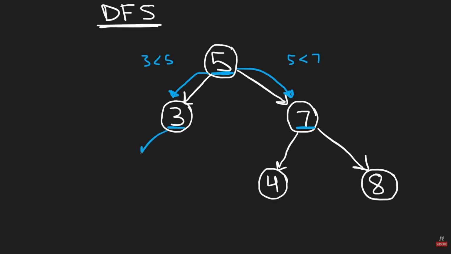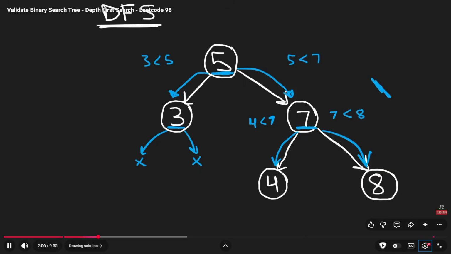We see 3 doesn't have any children. That's good for us. We don't have to check anything. But 7 has a left child, 4. Well, that's good. 4 is less than 7. And it has a right child, 8. That's good. 8 is greater than 7. So is this a binary search tree?